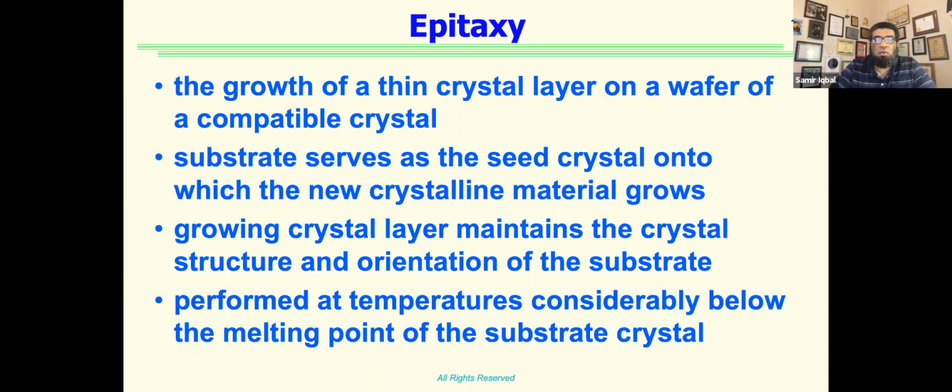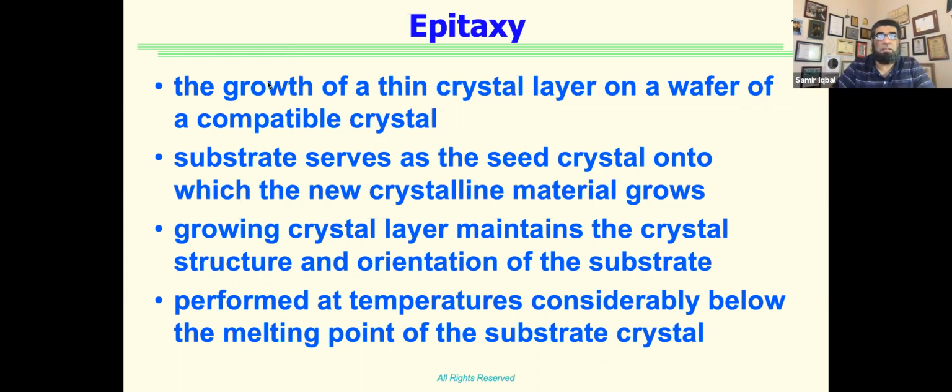right? Epitaxy is another process where, if we have crystalline material already, we can grow more crystalline material on top of that. You have to pick up the specific words that I use. I'm using the word grow here because we are not pulling out a chunk or a cylinder of silicon or crystalline material.